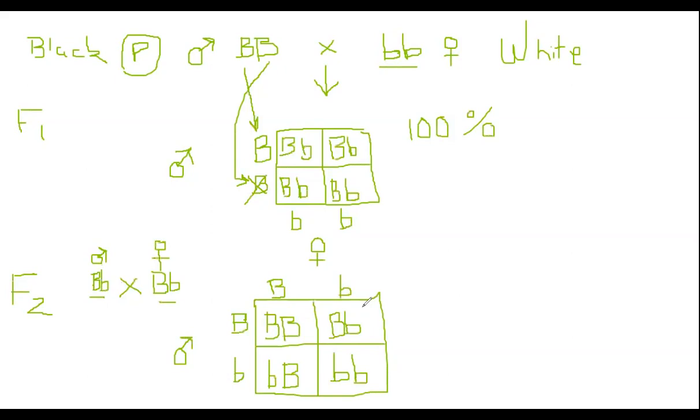Every offspring that's produced has a 2 in 4 chance, or 50% chance of having a big B, little b genotype. Every offspring that is born has a 1 in 4 chance of being little b. So that's how it works.